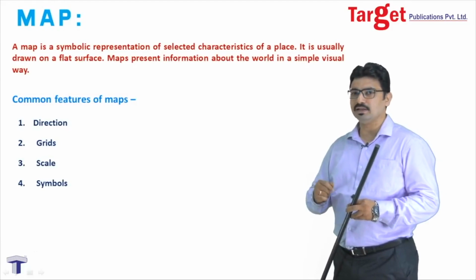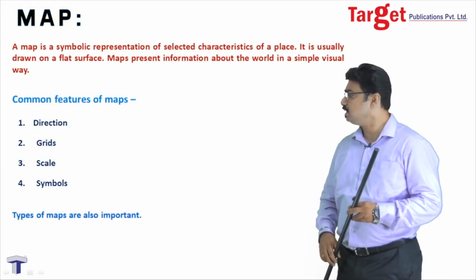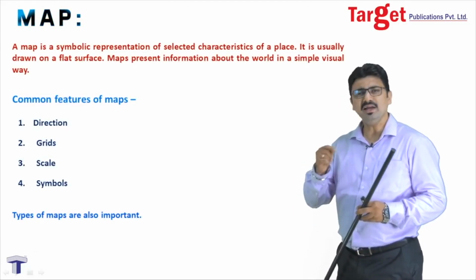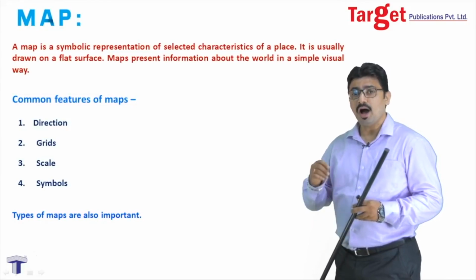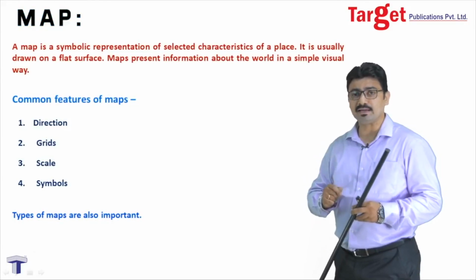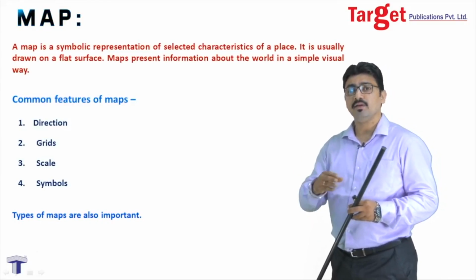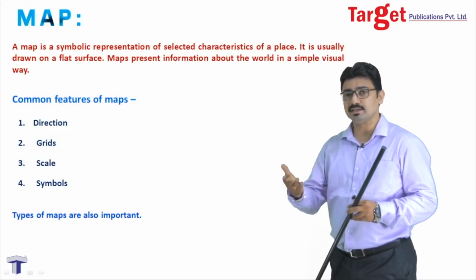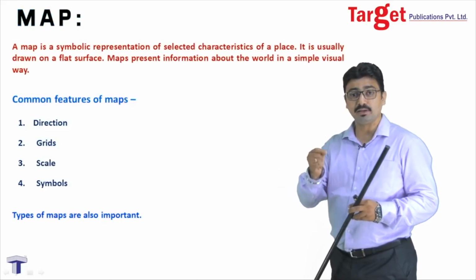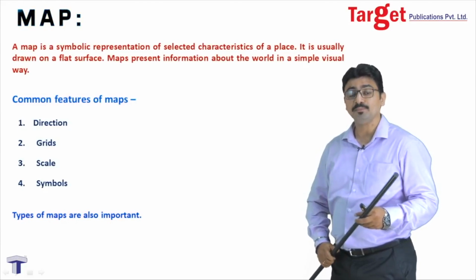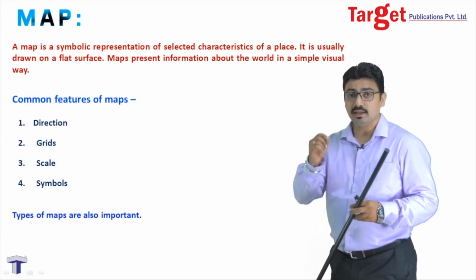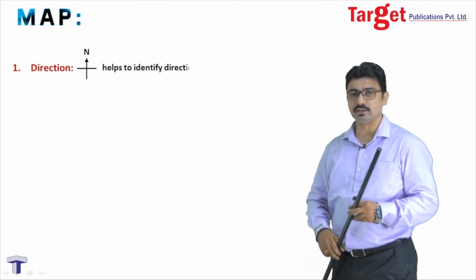And the last but not the least, the important feature of a map is the symbols. Various different symbols are used to represent various different things, say population, animals, crops, etc. Each one has a particular symbol associated with it, which we use in maps to represent these features, right?